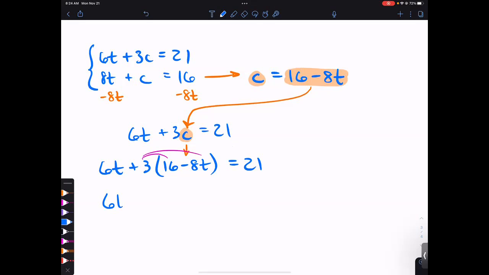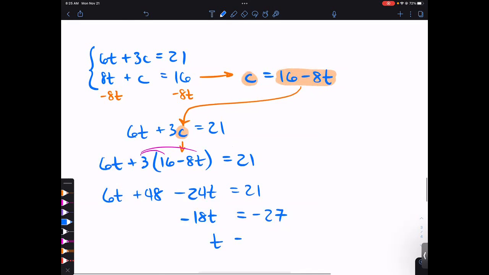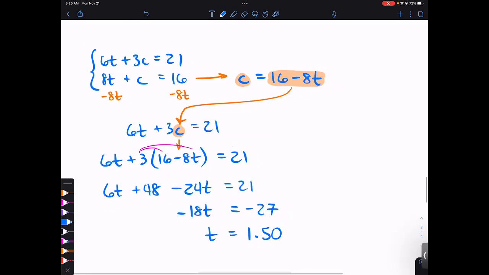So 6t plus 48 minus 24t is 21. Negative 18t, subtract 48, is negative 27. So t is 1.5. Since it's money, 150.